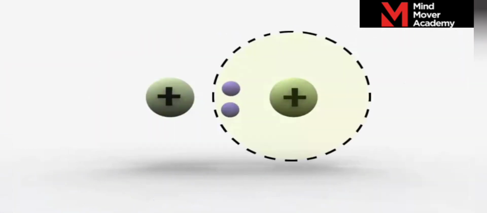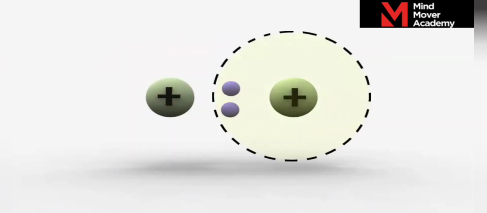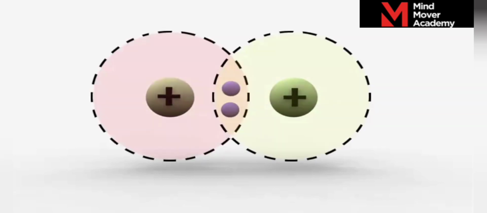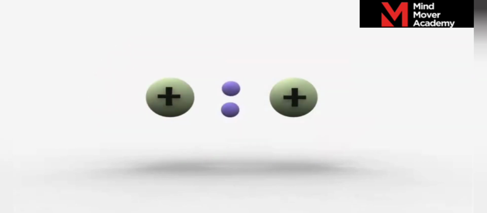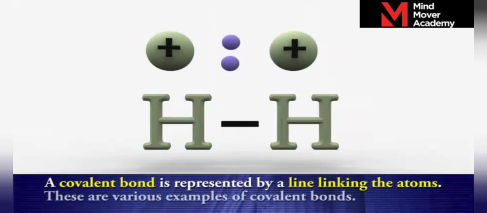By sharing electrons, the atoms achieve the configuration of noble gas helium, since the 2 electrons are counted as belonging to both the atoms. A covalent bond is represented by a line linking the atoms. These are various examples of covalent bonds.